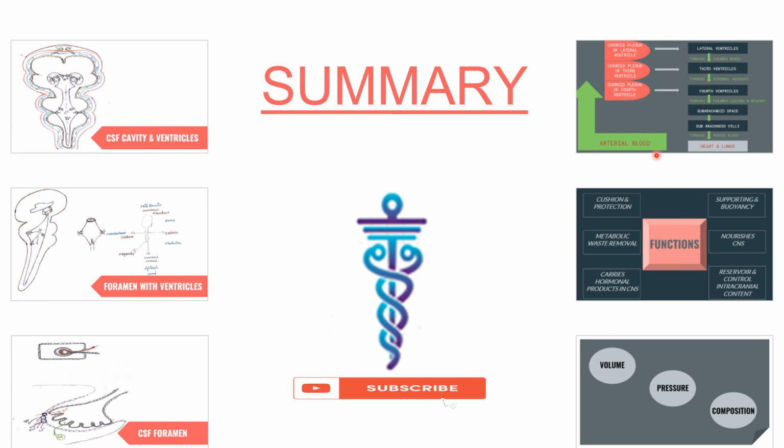Then after that come the functions provided by the CSF to the brain and spinal cord. The most important one is protection, buoyancy. Then after that we discussed the characteristics of the CSF. What is the total amount of the CSF? It is 130 ml, in the range 125 to 150 ml.